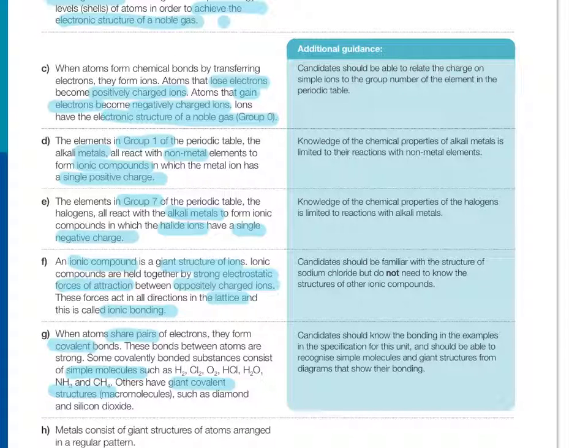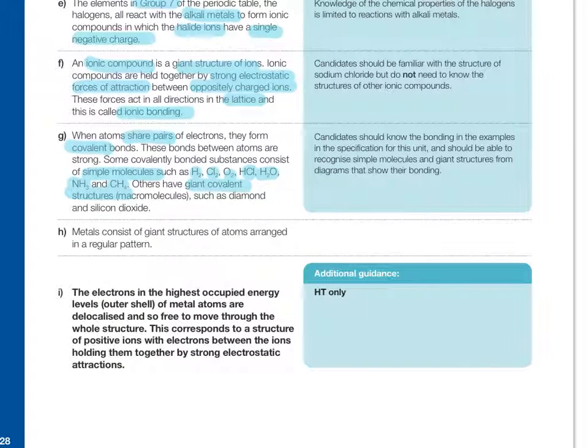Your simple molecules, things like H2, Cl2, O2, HCl, hydrochloric acid, H2O, water, NH3, ammonia, and CH4, methane. Check you can recognise both the formula, like it's written here, and the name, like it was written at the start of this.